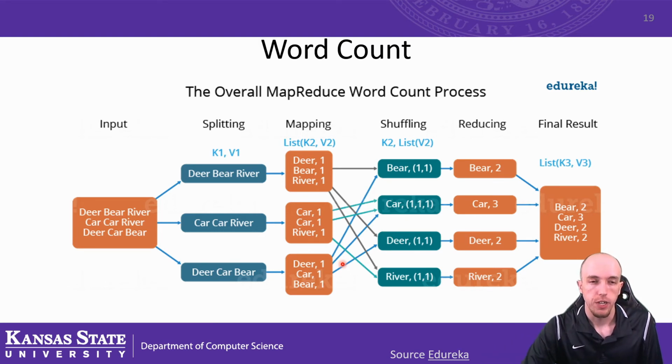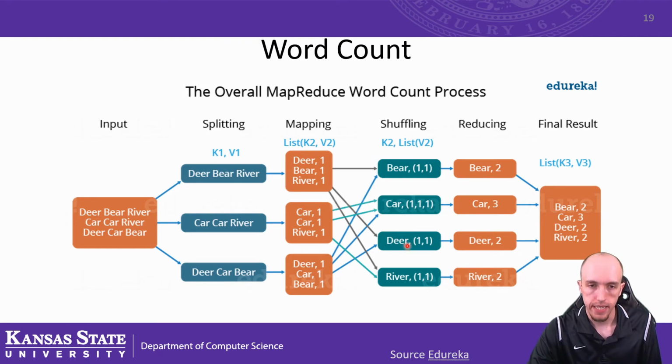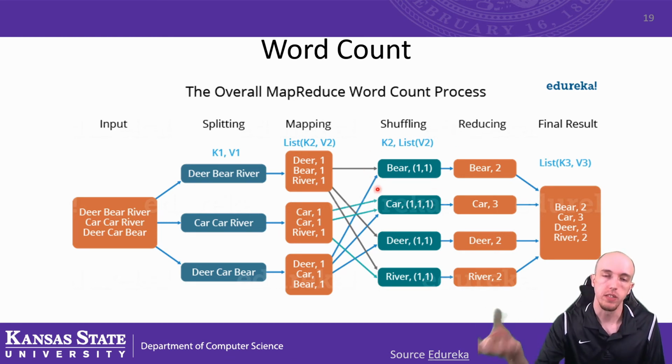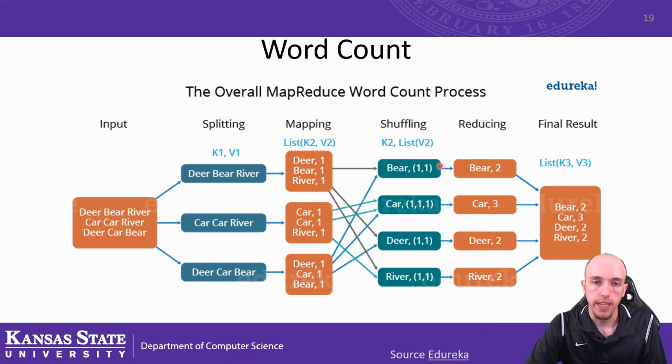So when we shuffle, all of the bears get put in one bin, all the cars get put in one bin, all the deer get put in one bin, and all of the rivers get put in one bin. And then all that happens here is the reducing. So we're taking one more step to combine the information. So we sum the word counts. So bear occurred twice, car occurred 3, deer 2, and river 2.